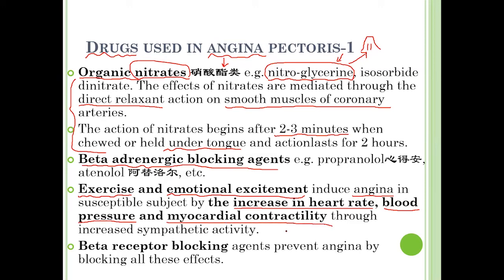And at the same time, if the patient has coronary artery trouble, it triggers angina. So truly be careful. So we say beta receptor blockers can work as a prevention, but not for attacks.